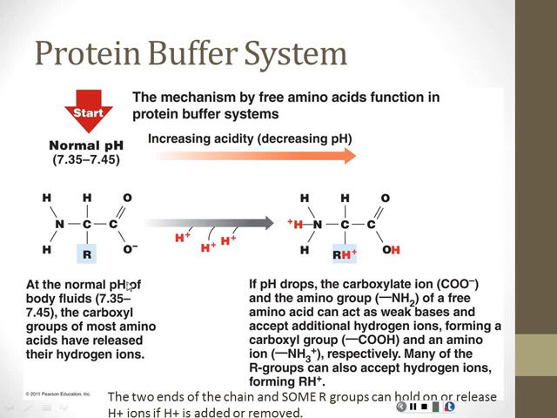Another way that a protein can buffer is based on what it's made of. Proteins are amino acids all strung together in one long chain that's then been twisted into a shape so that it can accomplish something. Hopefully, from your past chemistry, you've heard this concept of an R group before.